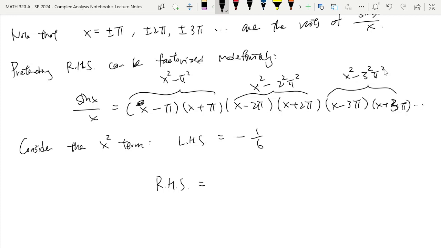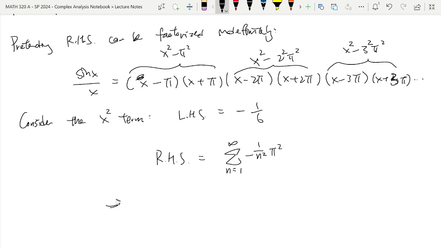So eventually, what I want to show is the summation of negative 1 over n squared pi squared. I think my memory is fading here. I'll write down the correct answer for you. Summation from 1 to infinity.